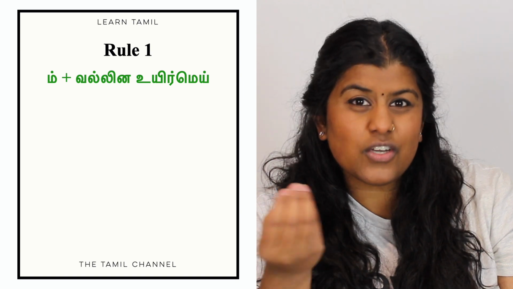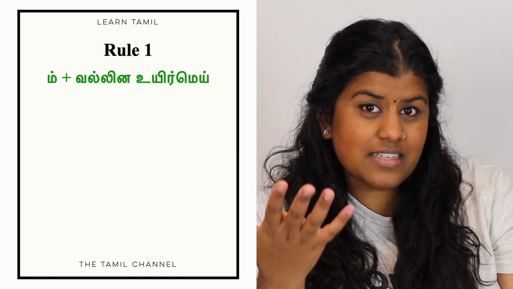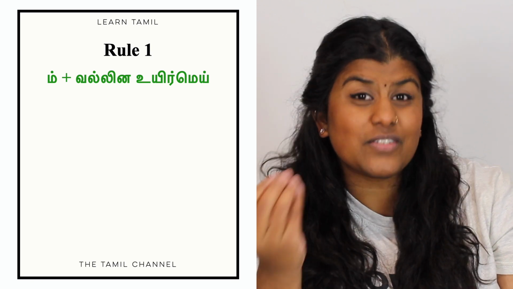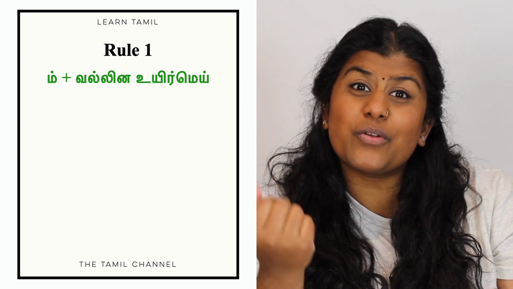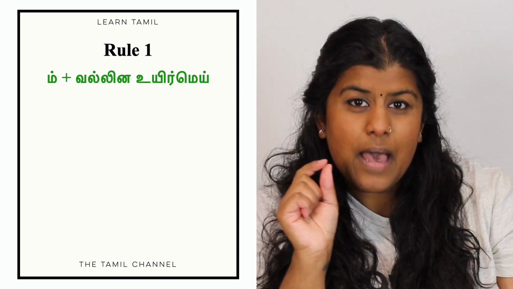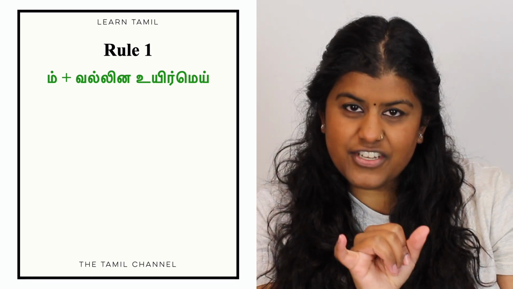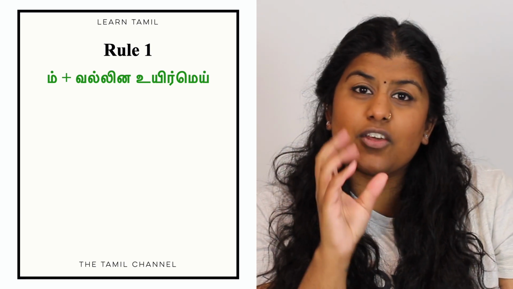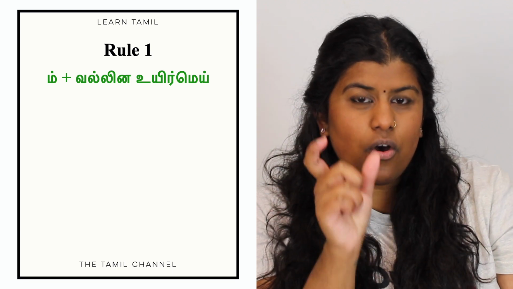So rule number one, have you heard of the vowel consonants? If you know which ones are the vowel consonants amongst the consonant letters, then great. If you don't know yet, I would suggest you go and check out the video on consonants and the different types of consonants, because for the first rule, we're going to look at how the letter changes when it's combined with compound letters of the vowel consonants.